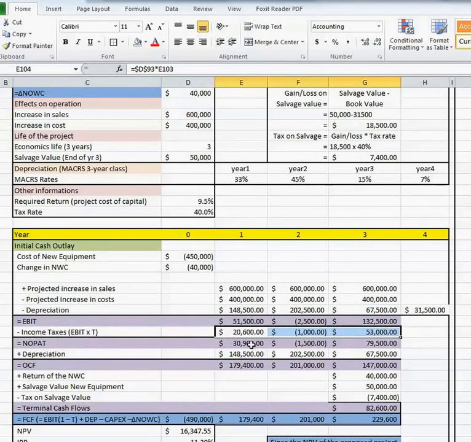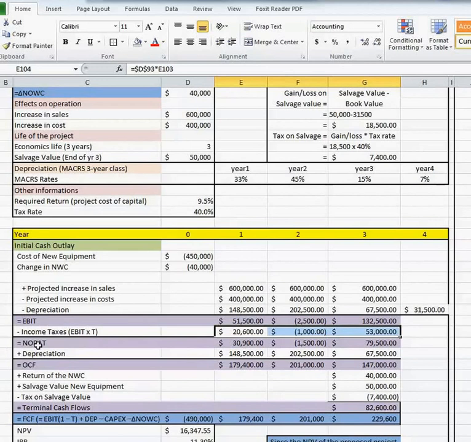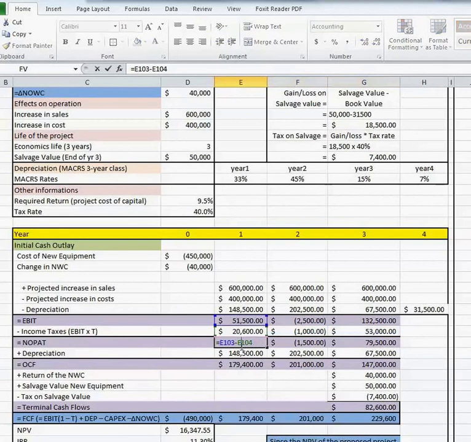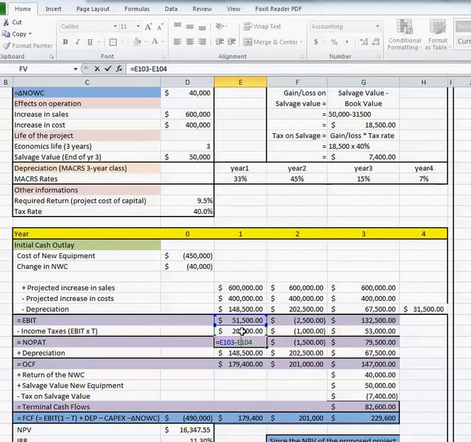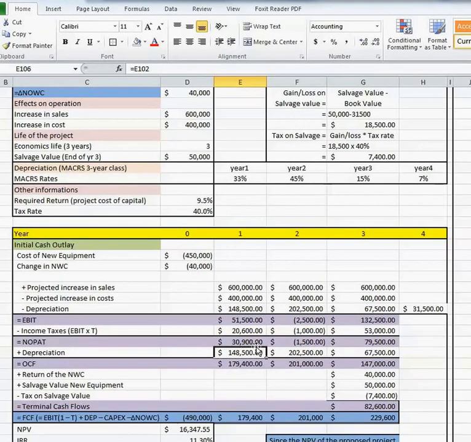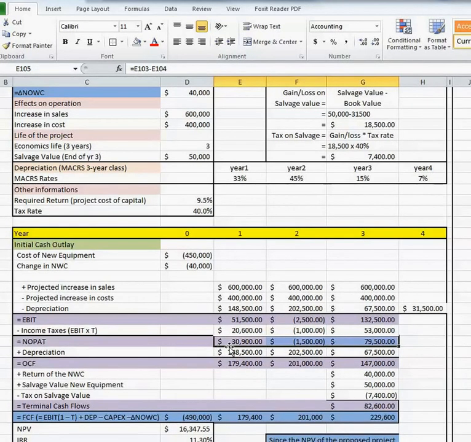Now we've calculated income taxes. Let's find NOPAT, which is net operating profit after tax. Following this sequence, EBIT minus taxes. Here we have 30,900, and I'm going to just drag this formula here. So I calculated NOPAT, net operating profit after tax.